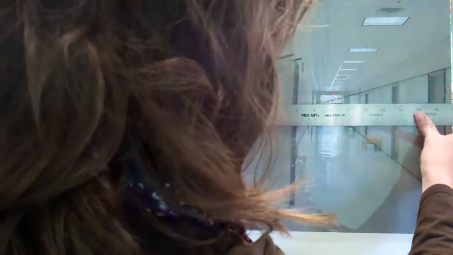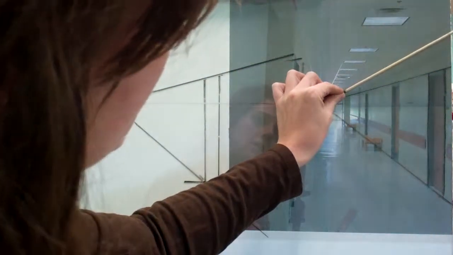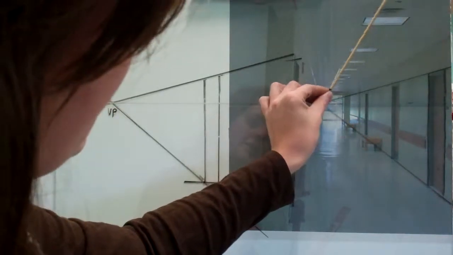All right, now all other angles that we see in the space that are parallel to these two receding edges, so all of the receding edges, are moving towards convergence at the vanishing point.